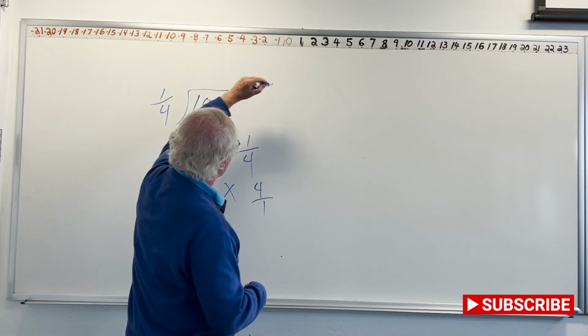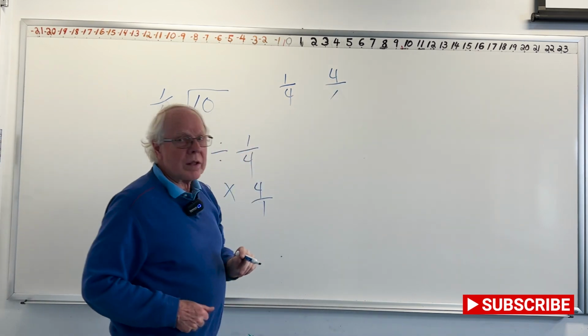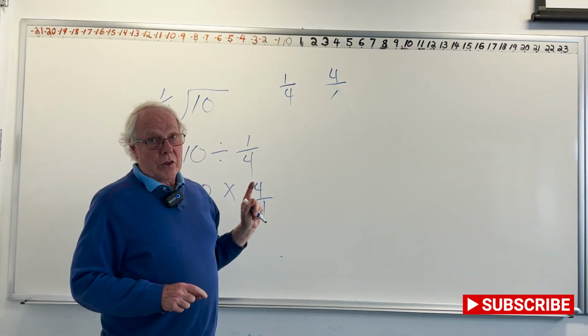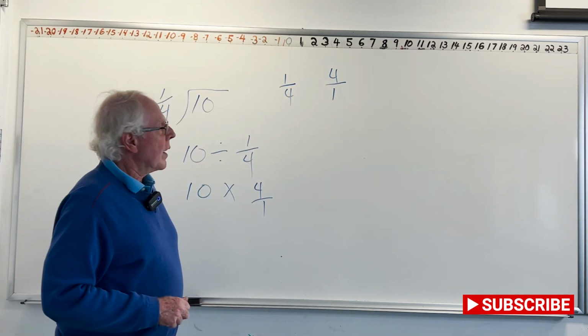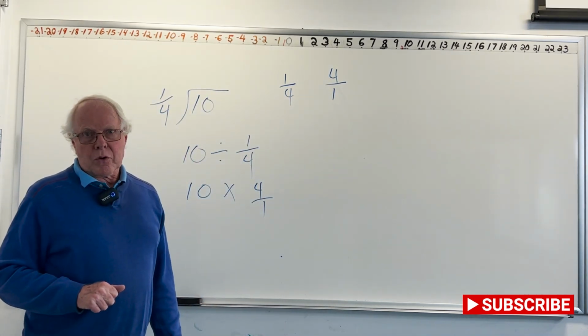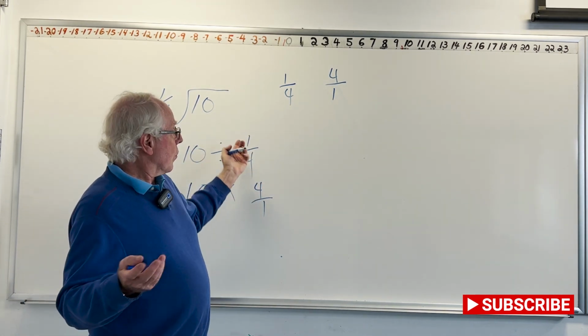These two numbers, 1/4 and 4/1, obviously don't equal each other. I'm not trying to say that, but they do have an important relationship, and what they're called is a reciprocal. If you take any number and flip it upside down, you're going to have its reciprocal. It's true for any number.